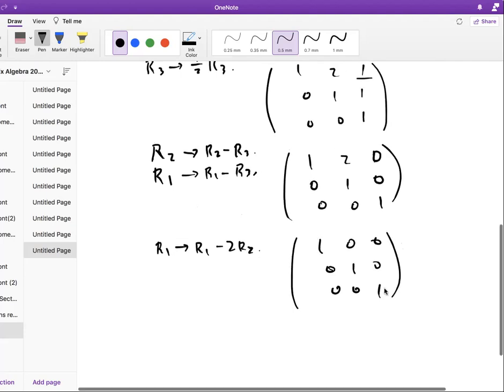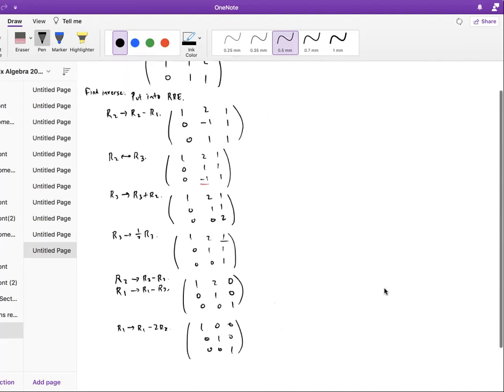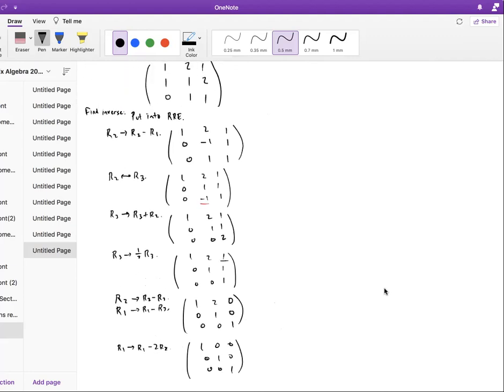All right. So what does this identity matrix at the end tell us? So I have the sequence of row operations, and at the end we get the identity matrix. So what does that mean? It has an inverse. Yep.